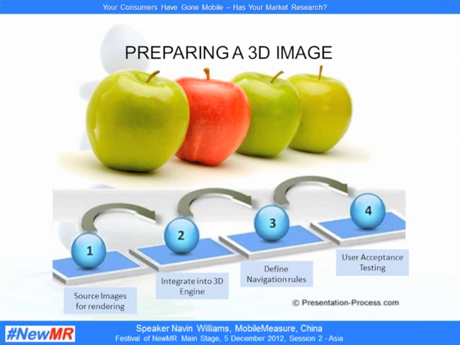Rules like if I swipe my finger on the apple, then the apple moves from the left to the right. Or if I pinch, the apple gets smaller. If I twist using two fingers clockwise, the apple will rotate clockwise. So these are the navigation rules that we can set depending on what we want to do with the object in question.